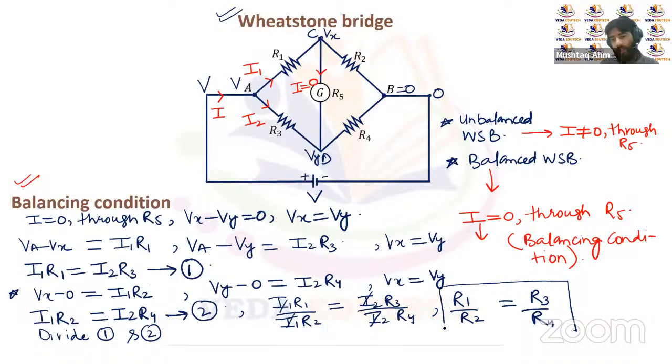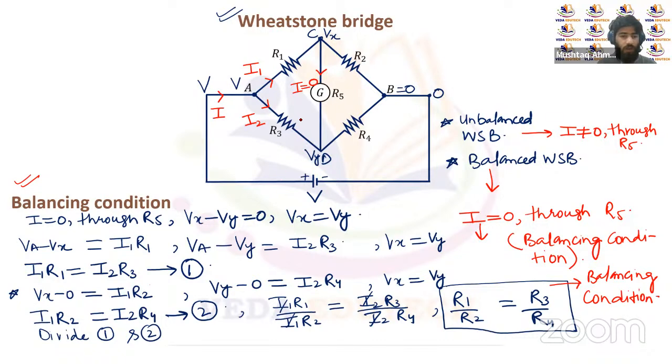This is the condition at which the current flowing through this R5 will be equal to 0, or we can call this condition the balancing condition. The balancing condition is that the ratio of R1 and R2 should be equal to R3 over R4.